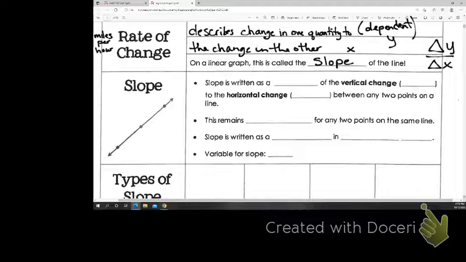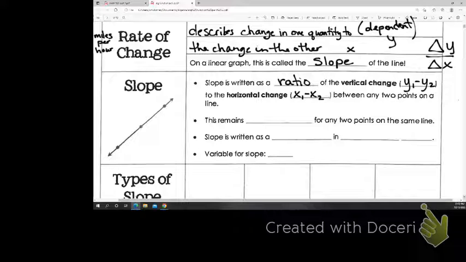So slope is written as a ratio, typically in fraction form. So a ratio of the vertical change, which is what we get when we subtract the y's, and you could go first point to second point or second point to first point, and the horizontal change.